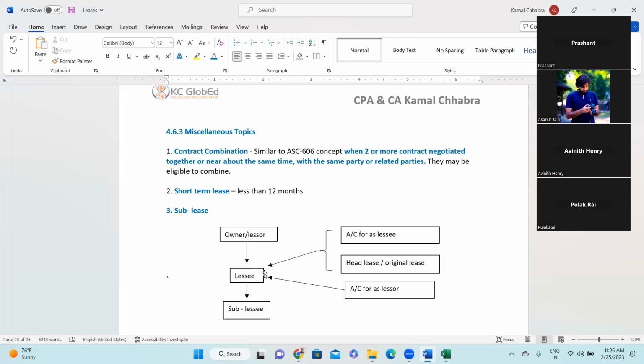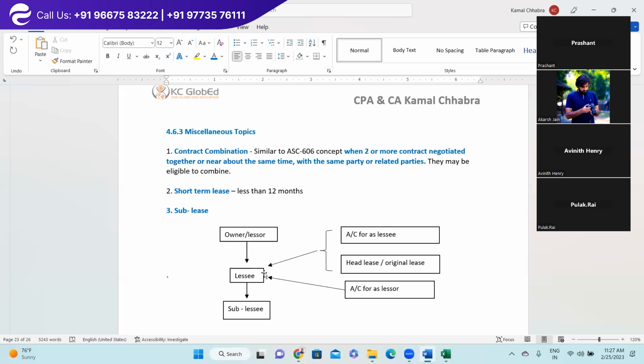Pulak has negotiated a deal with DLF and says we'll pay 100 rupees per square feet as lease rent. I am taking 1000 square feet. And my brother Kamal also needs another 1000 square feet, but he will enter into an arrangement after 2 months because he has an existing space for which he needs to serve a 2-month period.